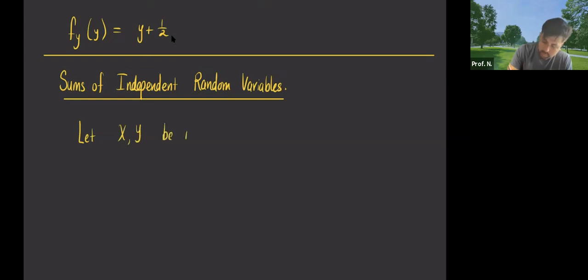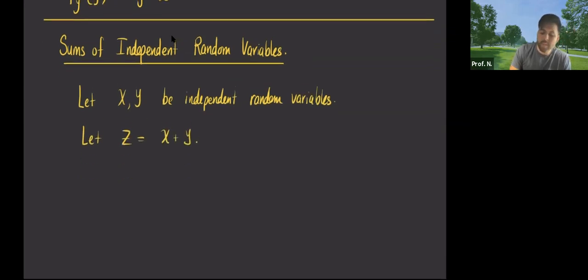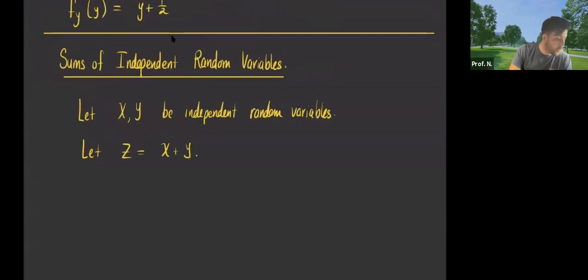be independent random variables, and then let Z be the sum of those independent random variables. What we want to do is study this a bit more.